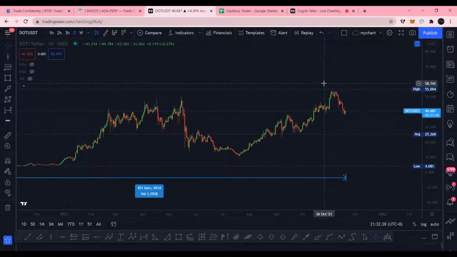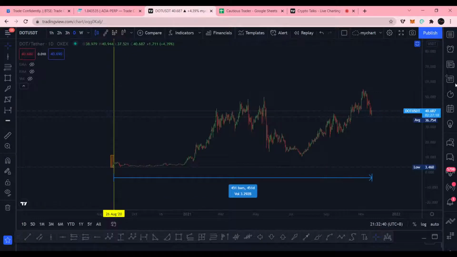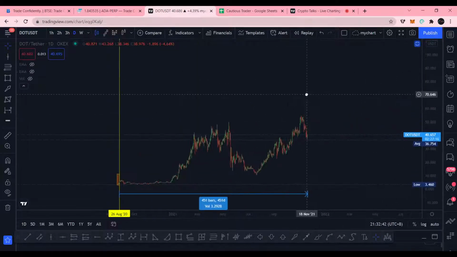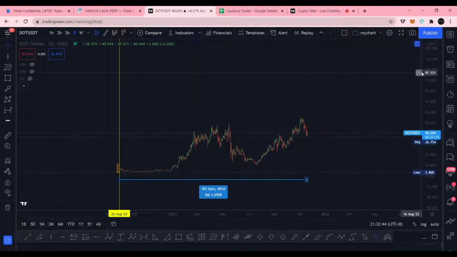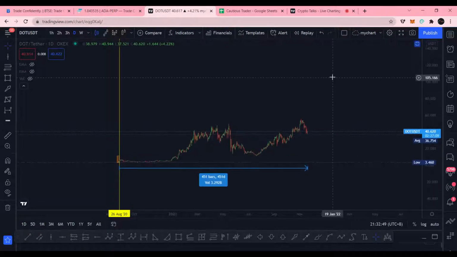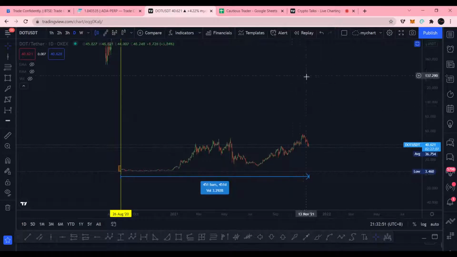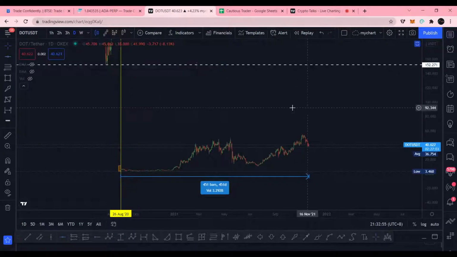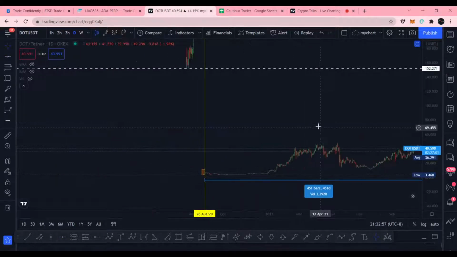So what's our take on this? What's my personal target? My personal target is for it to fill that gap, and 150. There's a gap from that redenomination that happened here. What's the low?